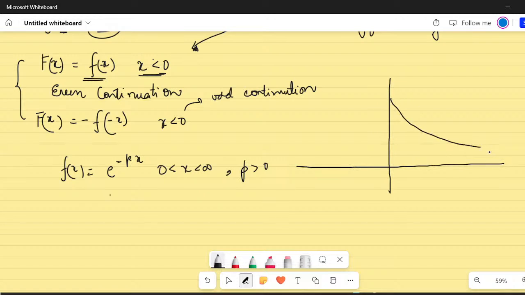And if somebody says to you, find a Fourier cosine transform, so you know that to define the Fourier cosine transform, I would need my function to be an even function. But here you can see that this is not an even function. If I say this is even or odd, you will say it is neither even nor odd, because if I replace x by minus x, I will get e to the power px.